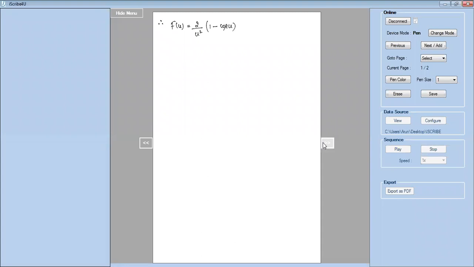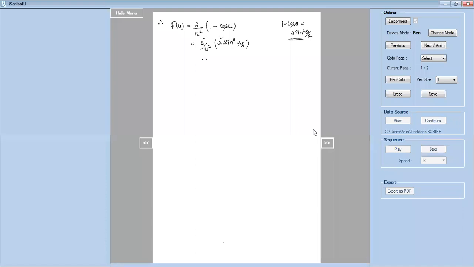But you know, what is 1 minus cos theta? 1 minus cos theta is 2 sin square theta by 2. Use this formula. So this is equal to 2 by u square into 2 sin square, theta means u by 2. Now this 2 into 2 becomes 4.